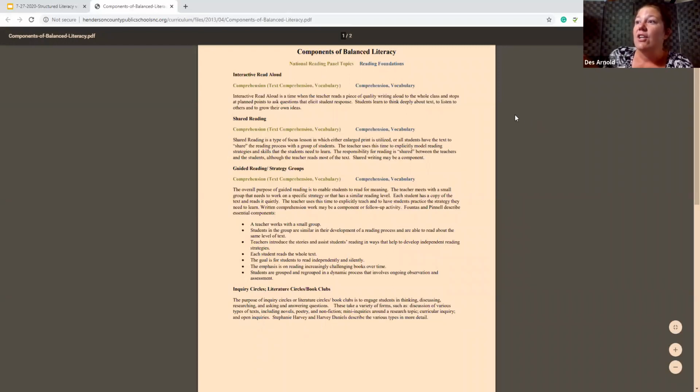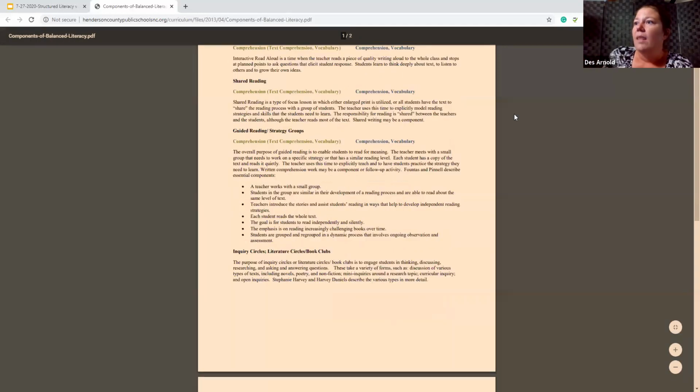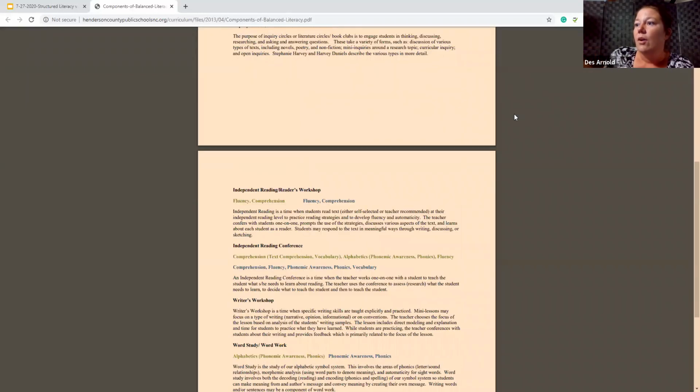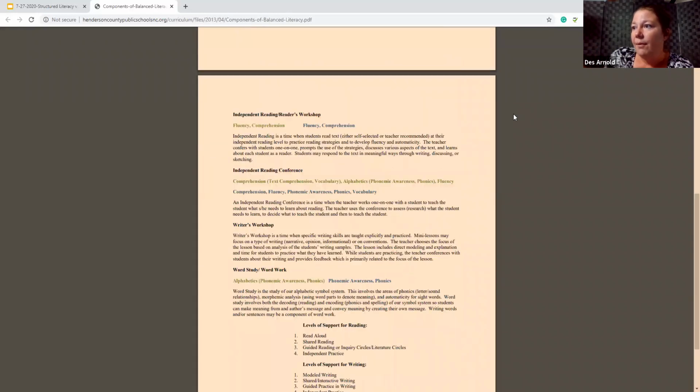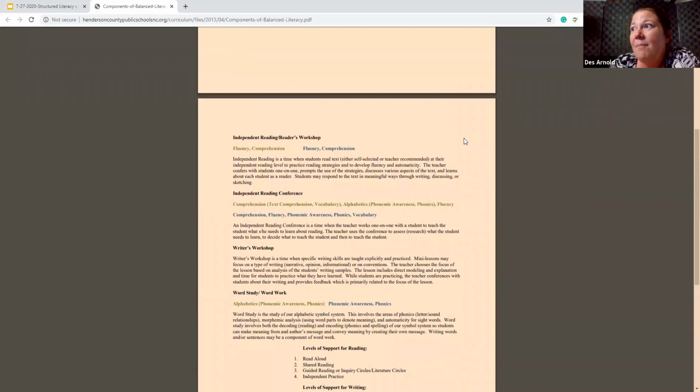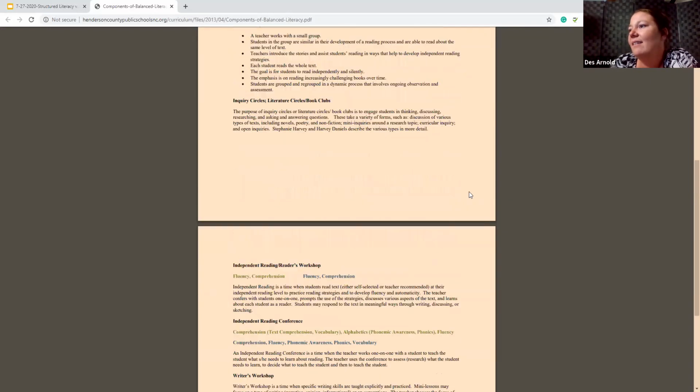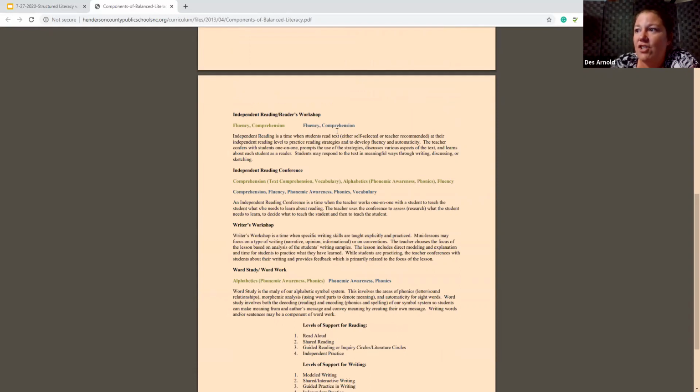So you can see in your read alouds, the guided reading, reading workshop, if you read through these, most of them have comprehension and vocabulary, comprehension and vocabulary, fluency and comprehension. And it isn't until we get here to independent reading conference.